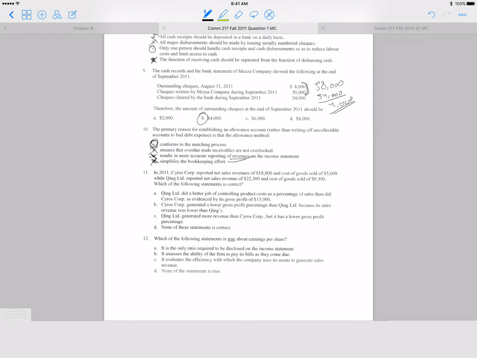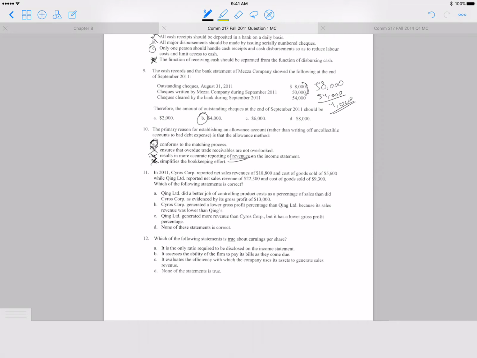11. In 2011, Cyrus Corp reported net sales of $18,800 and cost of goods sold of $5,600, while King Limited reported net sales revenue of $22,300 and cost of goods sold of $9,300. Which of the following statements is correct?